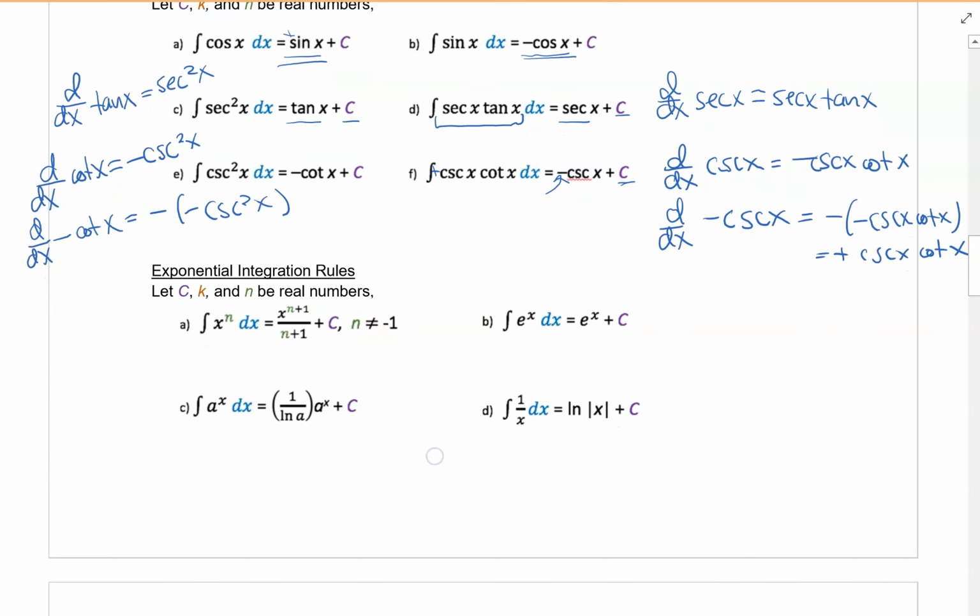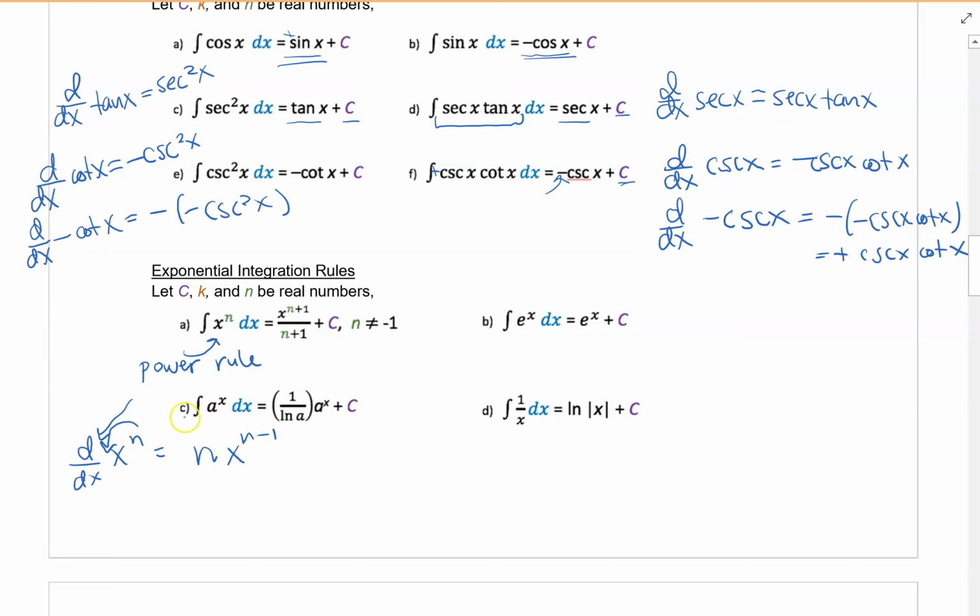Then for anything with an exponent, our exponential integration rules are as follows. So this one here is the power rule for integrals, which is a reverse power rule from the derivative. Now remember, when we do the power rule for a derivative, I'll just do that down here, we would bring the n in front, and then we would subtract 1 from the power.